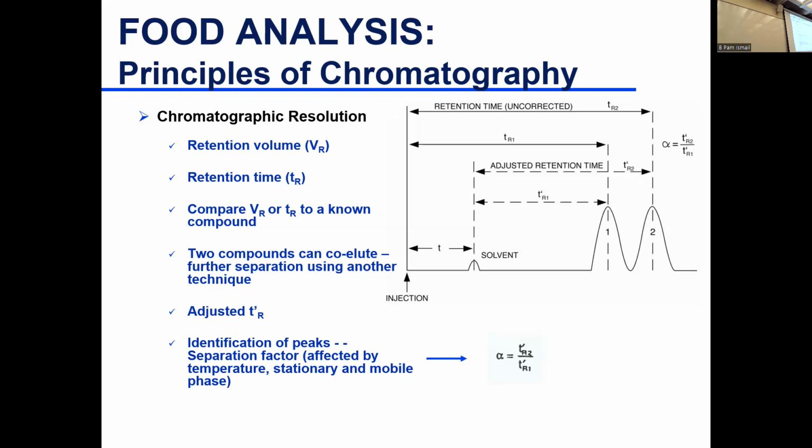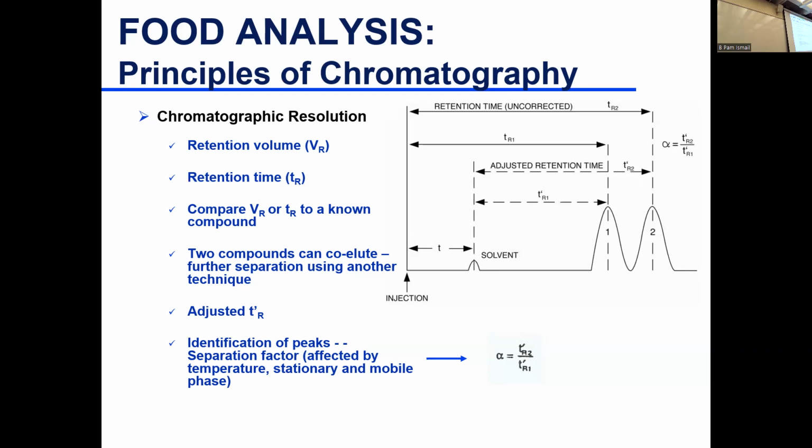So to eliminate this difference that might come due to the setup of your instrument, we calculate a separation factor called alpha. So we get the adjusted retention time. We get the retention time of your first peak and subtract the solvent front, and you get the retention time of the second peak and subtract the solvent front.